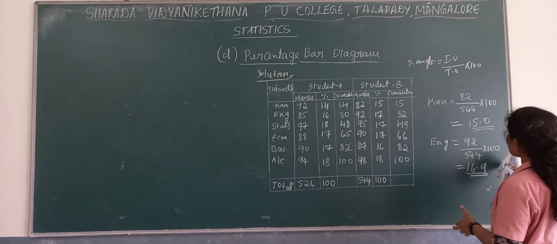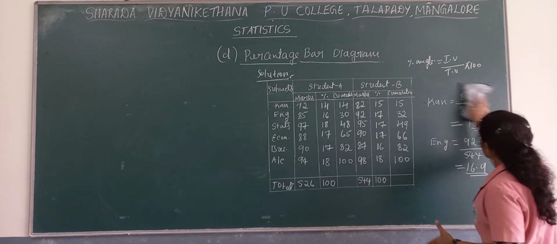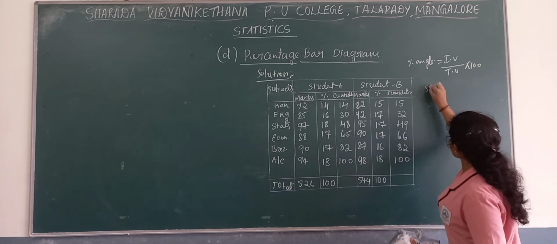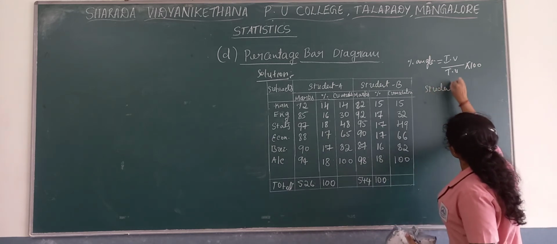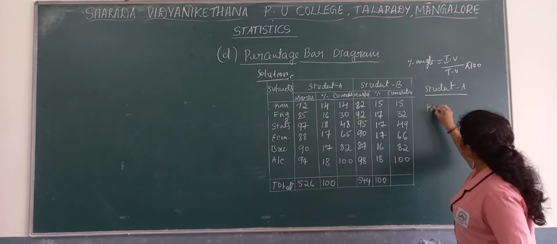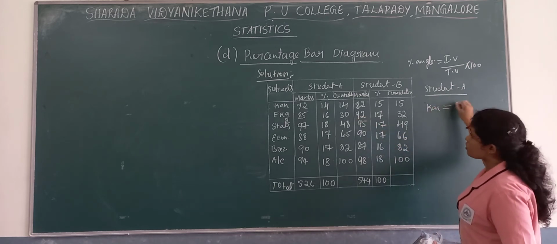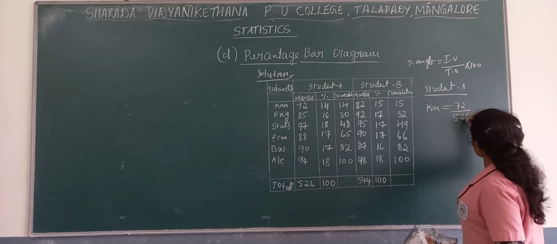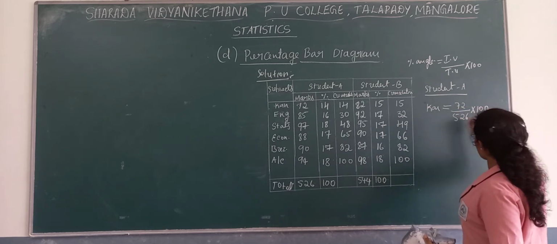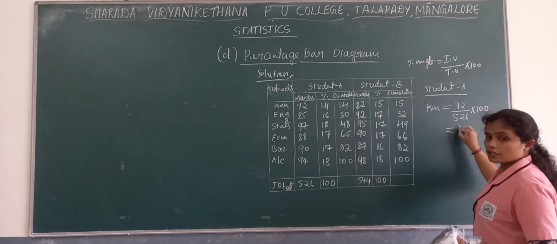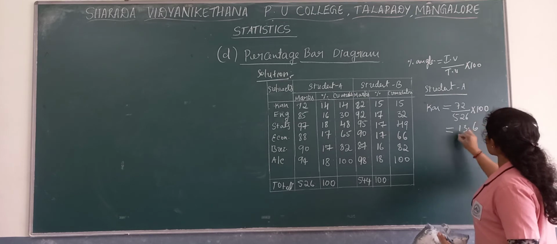Then student A and student B calculation. One calculation I will write. For student A, what we calculated: the first one, Kannada is equal to 72 by 526 into 100. What do we get there? There we get 13.6.